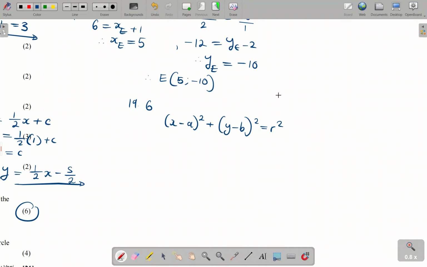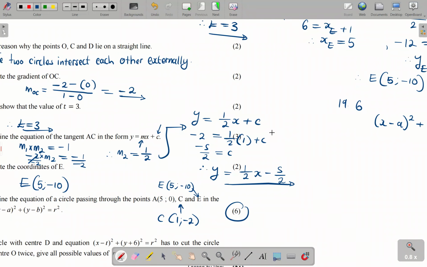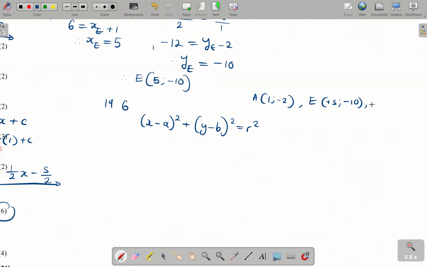Remember, we have the points: 1 and -2, then E, which is 5 and -10, and then the other one is 5 and 0. So meaning this is C, not A.